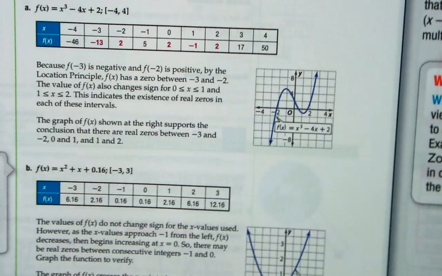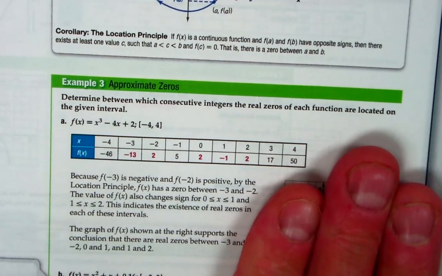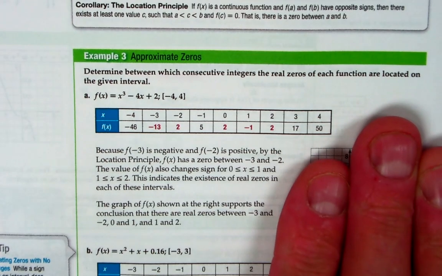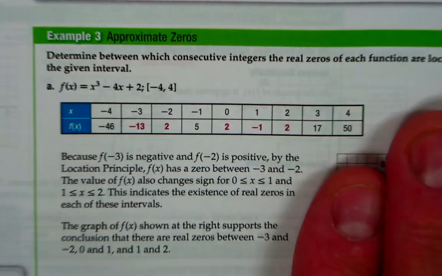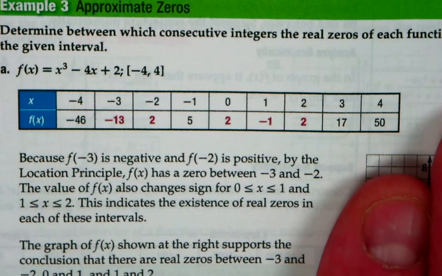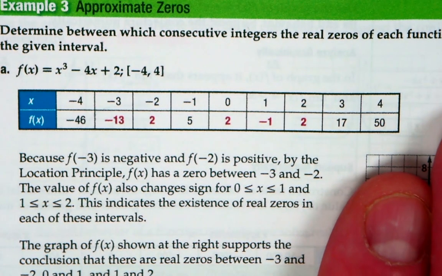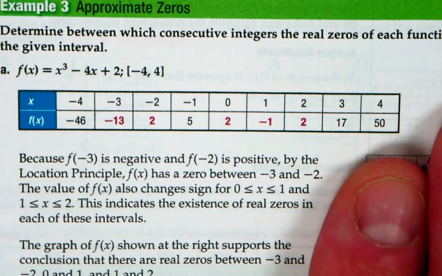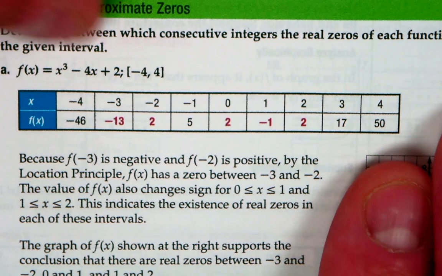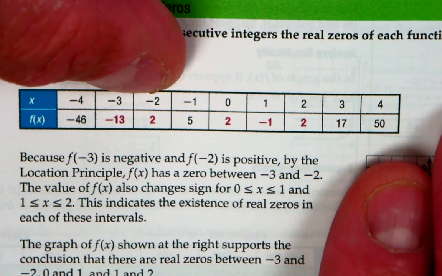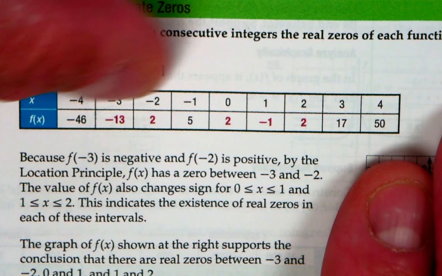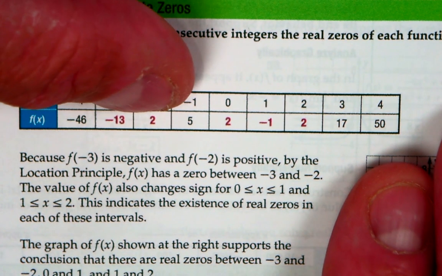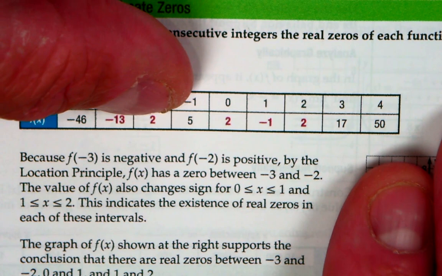So for example, if I'm looking at this table of values, don't look at the graph. Okay, I'll zoom in here so you can see. Where are there zeros or x-intercepts? Between what values of x? Between -3 and -2? I agree. Because it goes from below the x-axis to above the x-axis. Can't cross the river without getting wet.